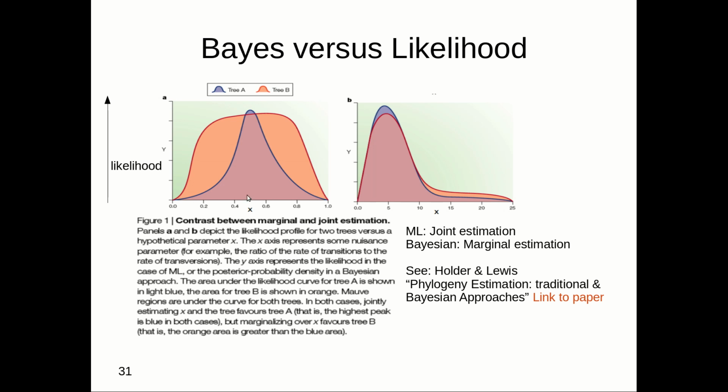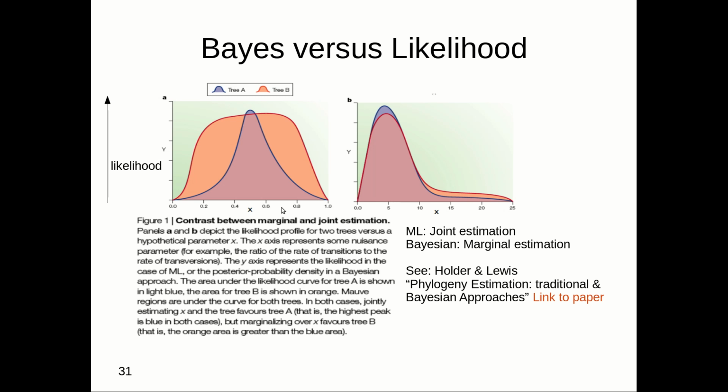And so here you will see that maximum likelihood will give you a tree that has the highest likelihood, so just the highest point estimate here, or the highest peak, whereas Bayesian inference will actually prefer, so let's maybe start over again.